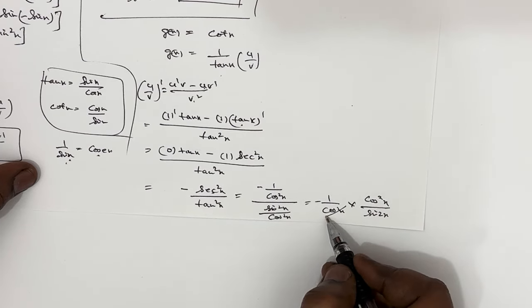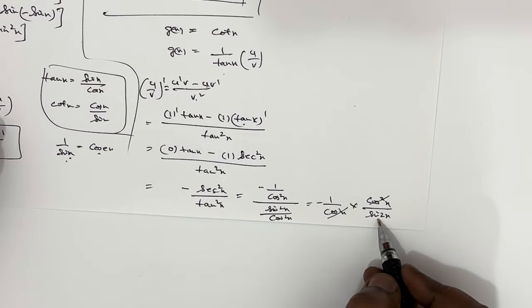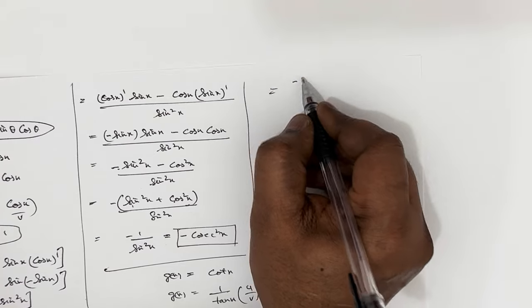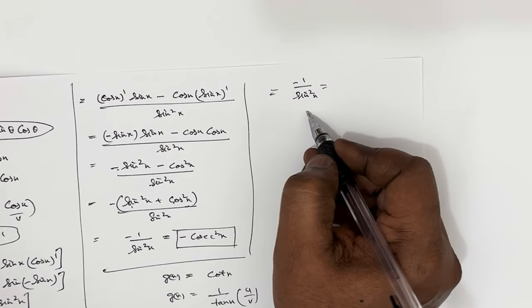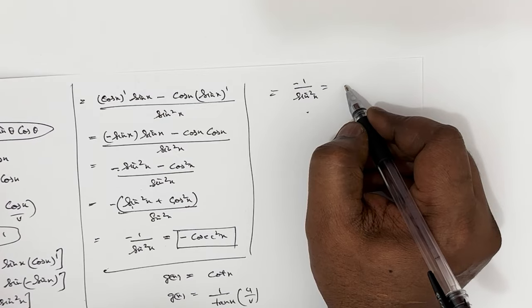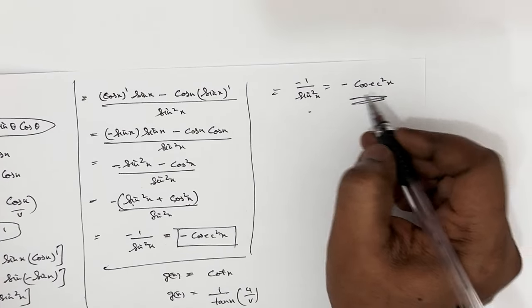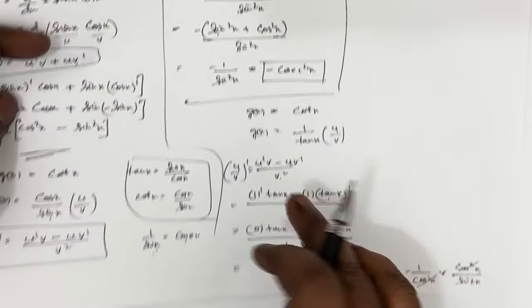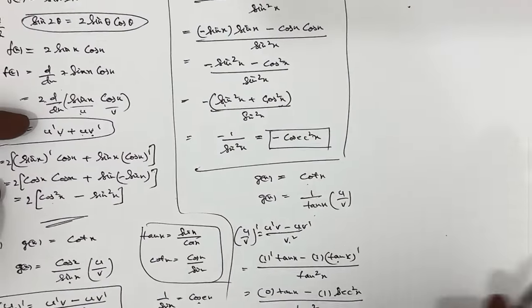So this cos square and this cos square go, and you have minus 1 upon sine square x. So 1 by sine is cosecant, so minus cosecant square x. This is also another way to find the derivative of cot x. So that's it.